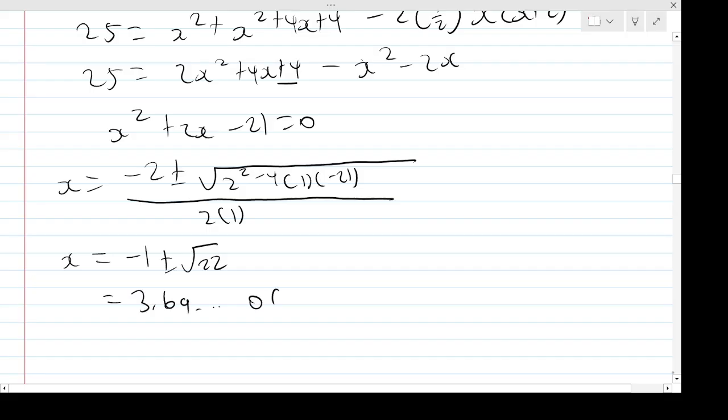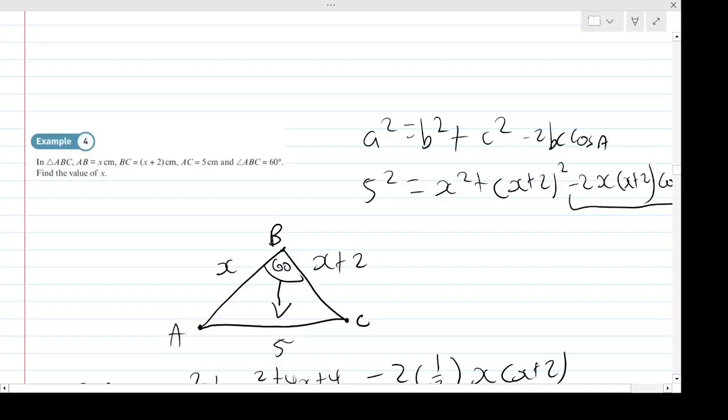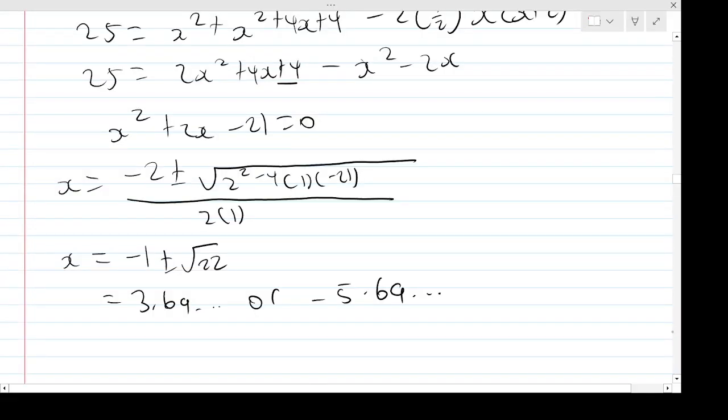Or if you do the minus case, minus 1 minus root 22, that is minus 5.69. Now, we can never have a negative with stuff to do with distance. x is a length, so it cannot be negative, it has to be positive. So we can't have that. So x is positive as it is a length.